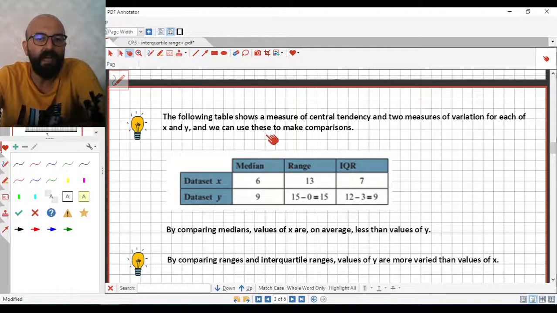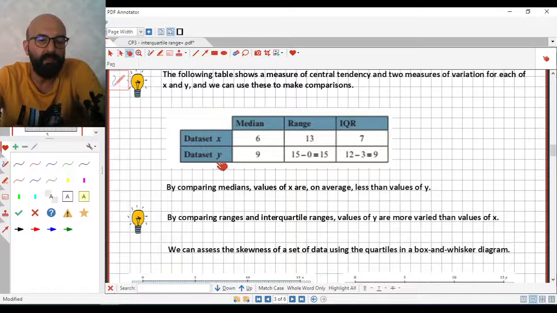Okay. Now the following table shows a measure of central tendency and two measures of variation for each of X and Y, and we can use these to make comparisons. For example, in dataset X the median is 6, in dataset Y the median is 9. So we can say dataset Y is greater than dataset X on average, because the median of dataset Y is bigger than the median of dataset X. The range of dataset X is 13 and dataset Y is 15, the interquartile range of dataset X is 7 and dataset Y is 9.